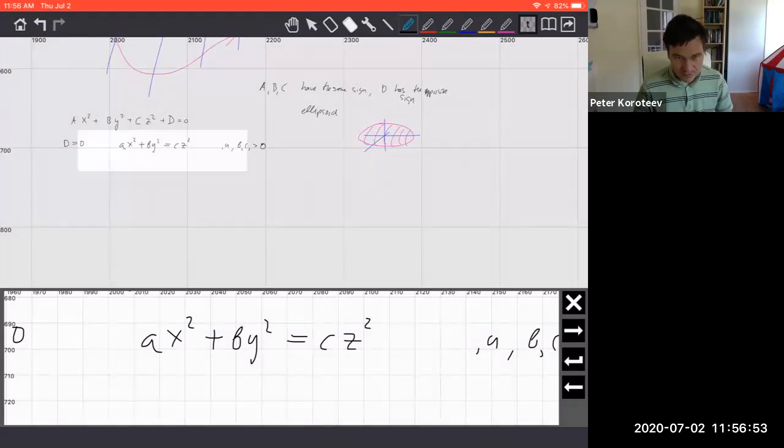Now, do you remember we talked about this in the first week? Hyperbola and ellipse are sections of what? What I'm describing is that we have some 3D surface such that depending on how you slice it, you have either hyperbola or ellipse.